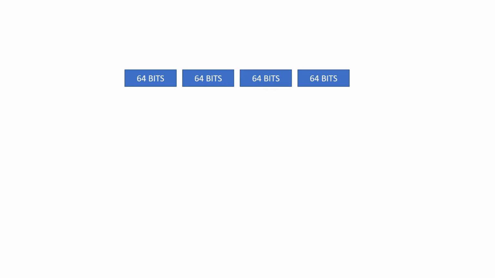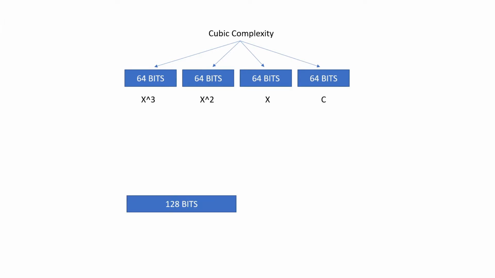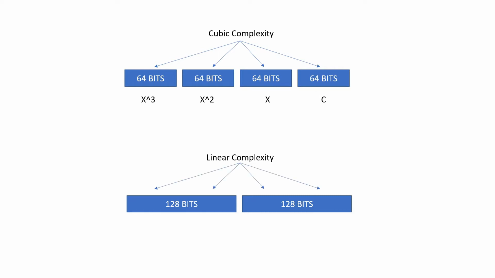Let's look at how this problem lays out in memory. If we are using 4 64-bit integers to give us 256 bits of algorithm coverage, we will need to combine these with a cubic complexity polynomial. If we have a 128-bit integer, we can do the same with linear complexity. Since D88 is only interested in bit coverage and not other factors, this works out very well.